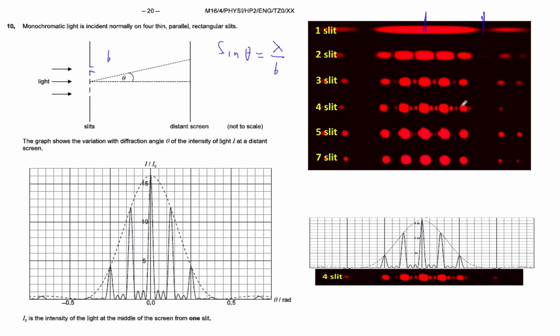These bright spots are the same bright spots that Young's double slit has, but they are modulated by that single slit diffraction pattern. The sine of that angle is lambda divided by b. Now this is of course in radians, so we've got to be careful about that.